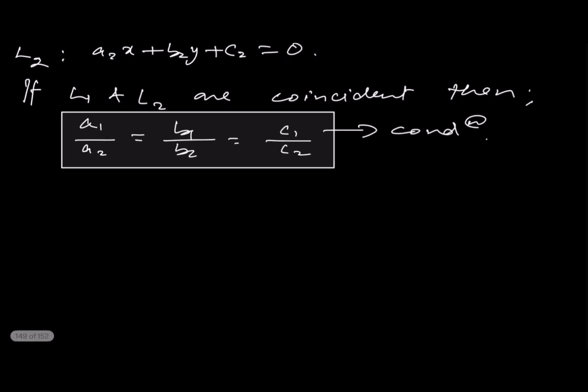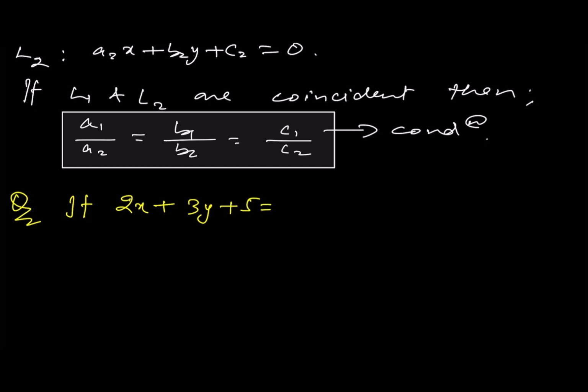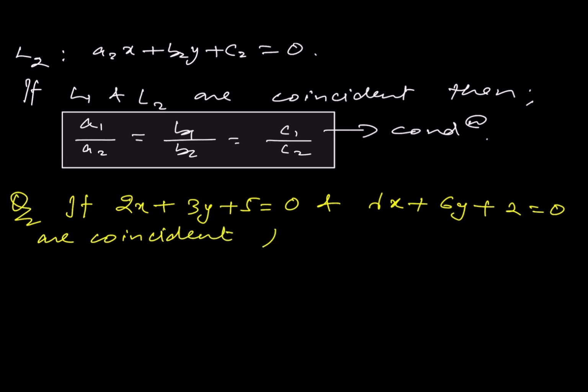Now, for example, if 2x plus 3y plus 5 is equal to 0 and lambda x plus 6y plus 2 is equal to 0 are coincident lines, then find lambda.